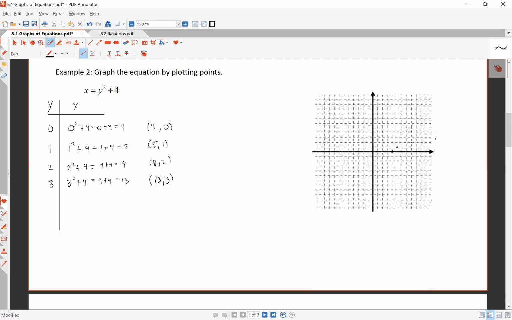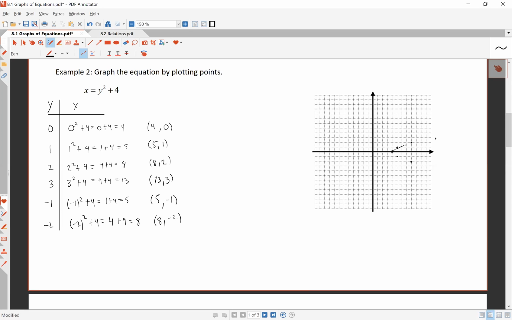So we have to go back and plug in negative 1 for y, and x will be negative 1 squared plus 4, which is 1 plus 4, which is 5. So (5, negative 1). And negative 2 for y: x is negative 2 squared plus 4, which is 4 plus 4, which is 8. (8, negative 2).